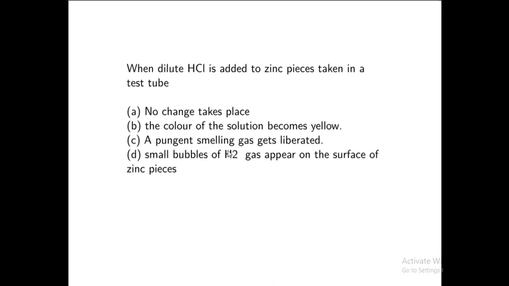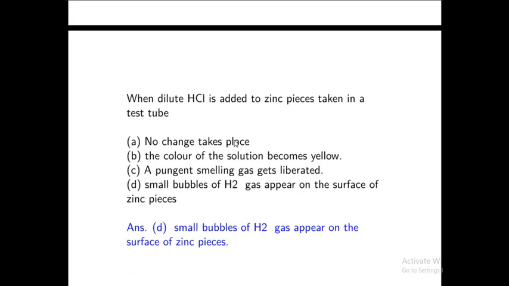Next question. When dilute HCl is added to zinc pieces taken in a test tube, what change are you going to see? Dilute hydrochloric acid is added to some zinc pieces taken in the test tube. What are you going to observe here?